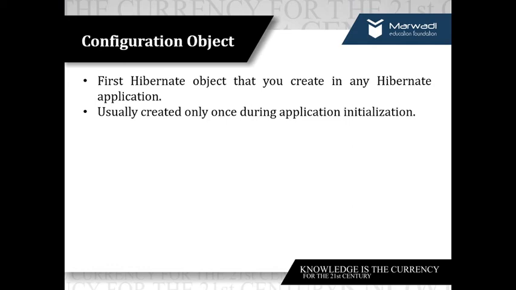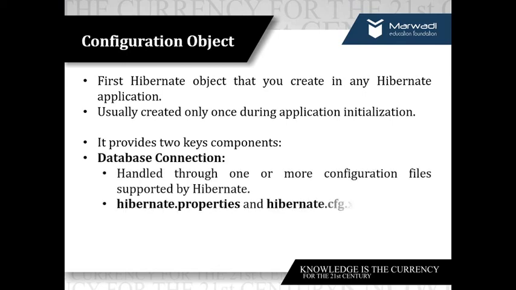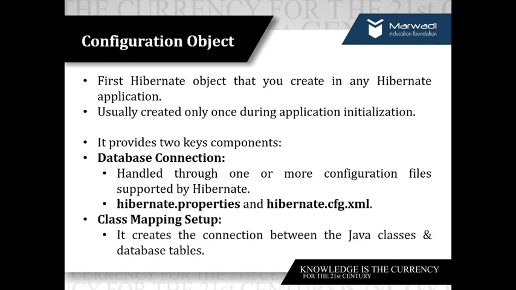It is like loading the database driver and getting the connection in your JDBC program. So you can consider it as similar to that. It provides two key components: database connection and class mapping setup.